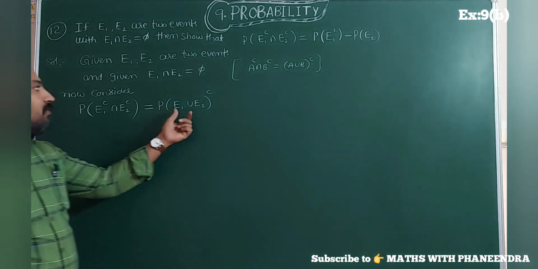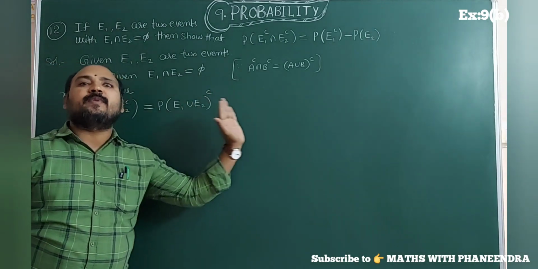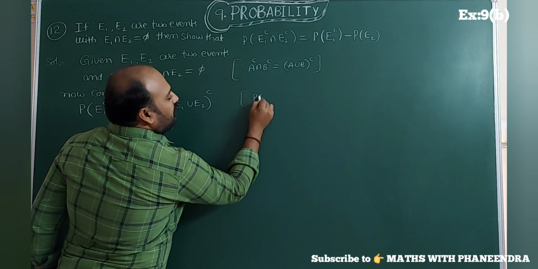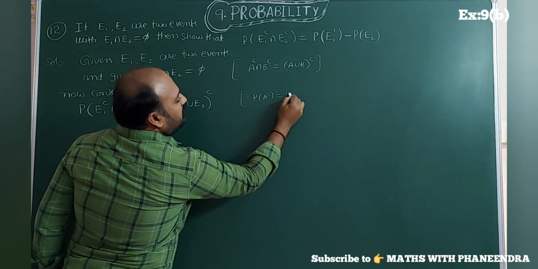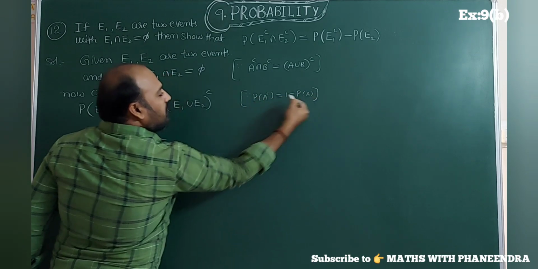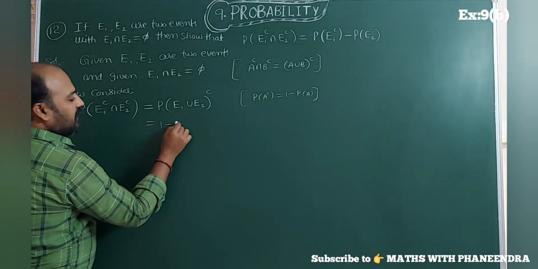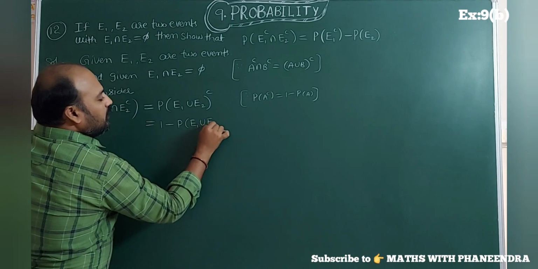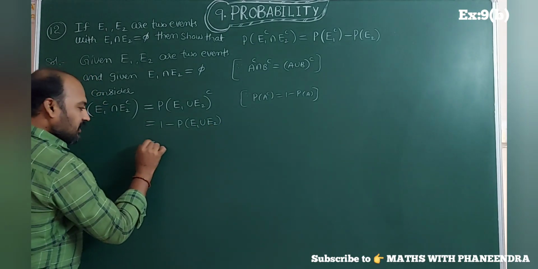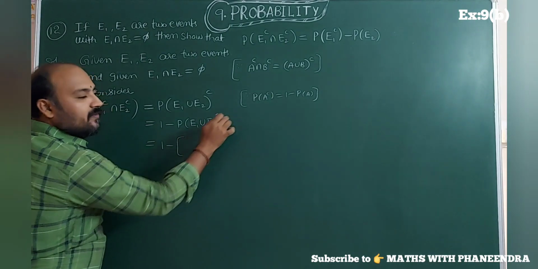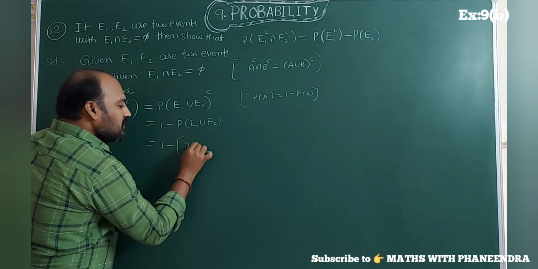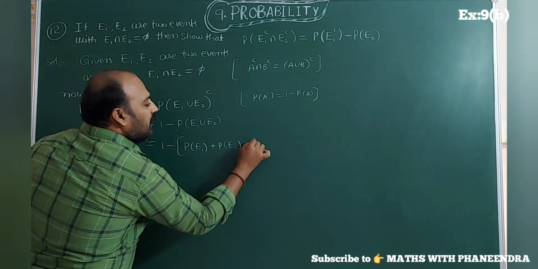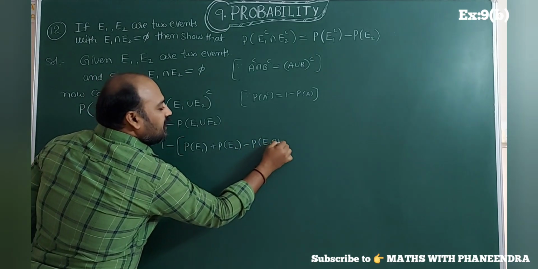We know that P of A complement is equal to 1 minus P of A. So by using this property, 1 minus P of E1 union E2. By using addition theorem on probability, P of E1 union E2 is P of E1 plus P of E2 minus P of E1 intersection E2.